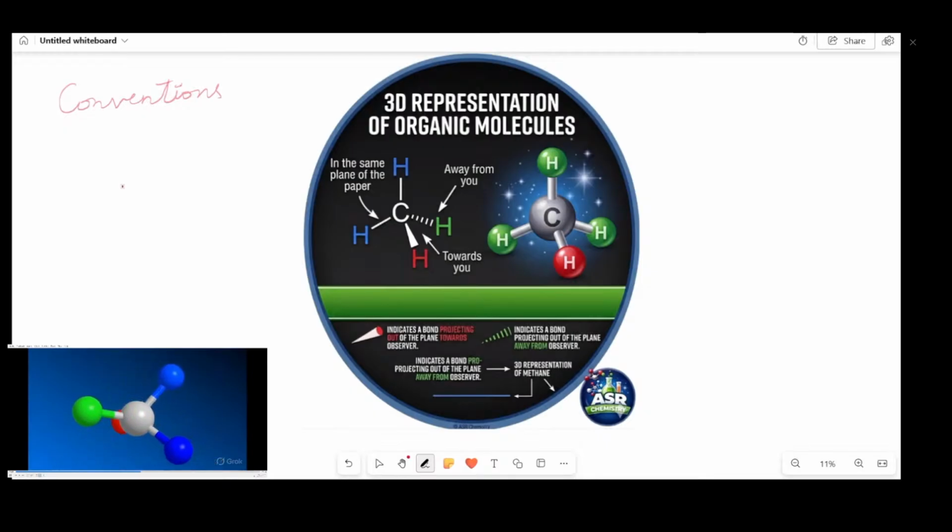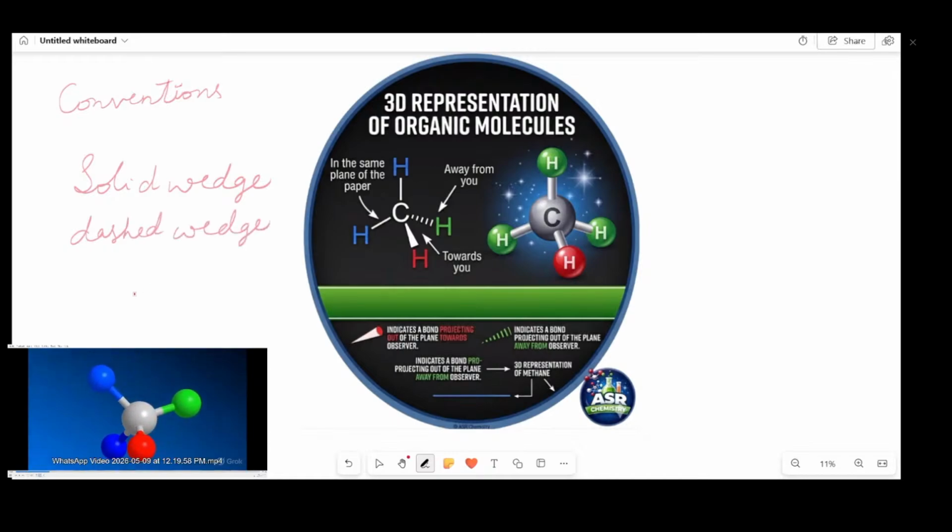Conventions can be solid wedge, dashed wedge, or normal or ordinary lines to represent the bonds.